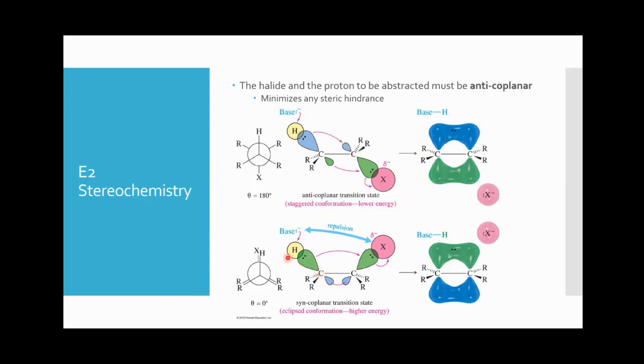If it was not anticoplanar, it has this kind of weird angle, so you can't really form a double bond that well because of the repulsion.